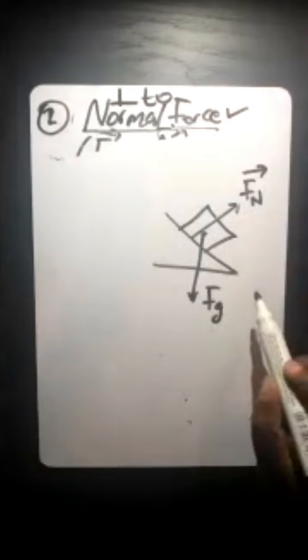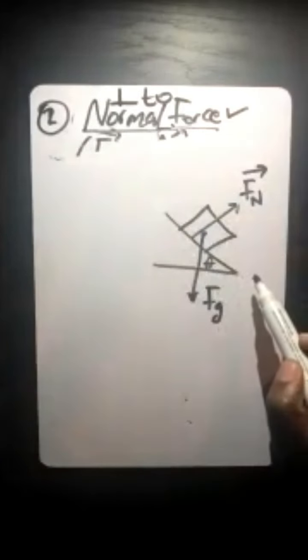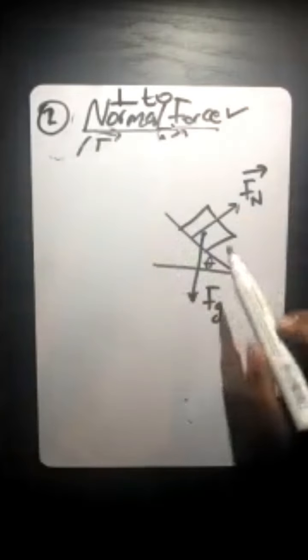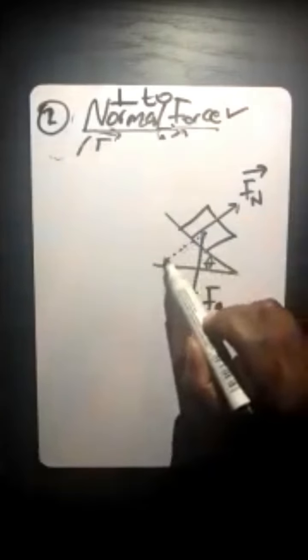And from the center of that object, vertically downwards, that's where you're going to have your force of gravity. But because this object is sitting on an incline, at a certain angle, you are forced to have those components. So this component is what we call the force of gravity.